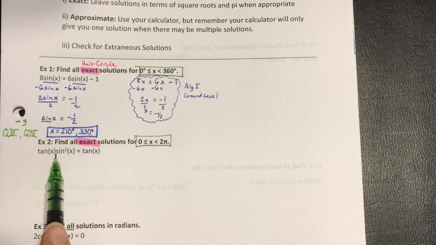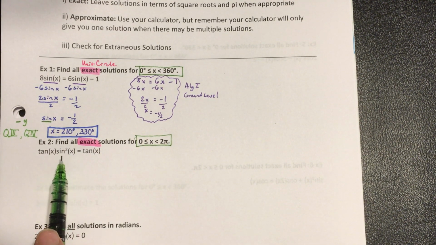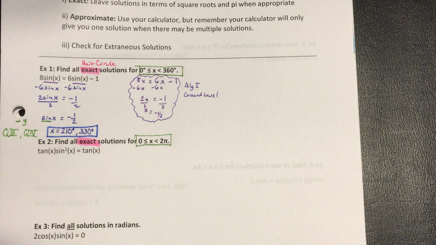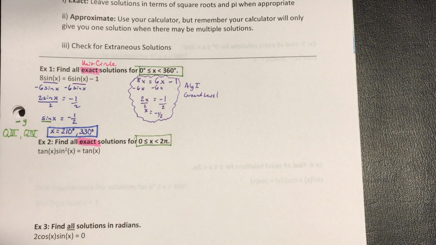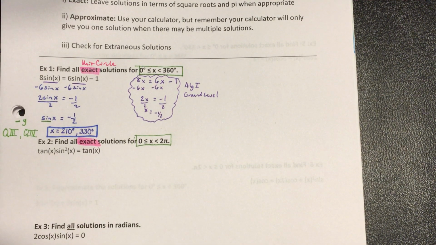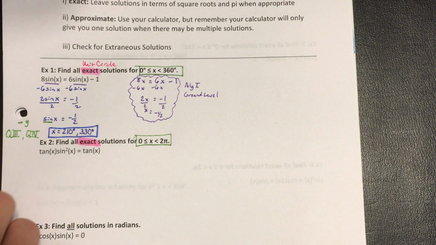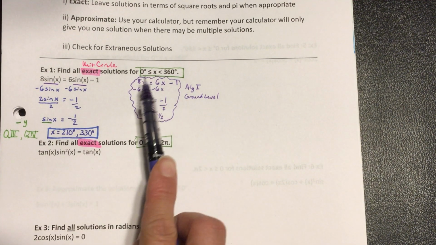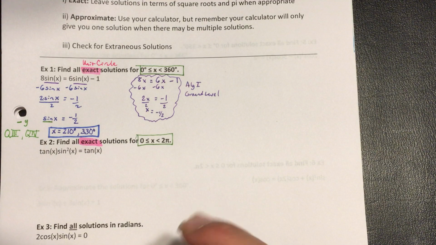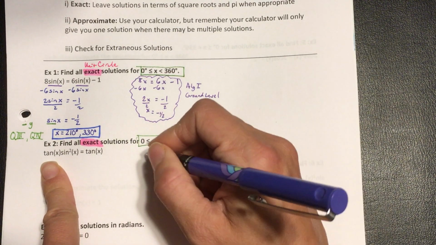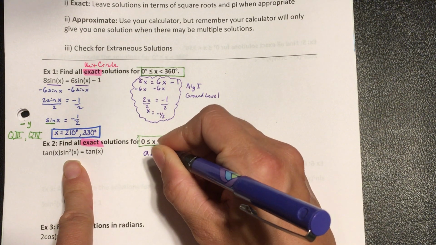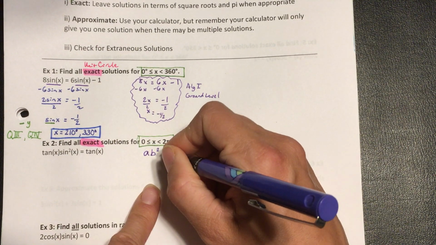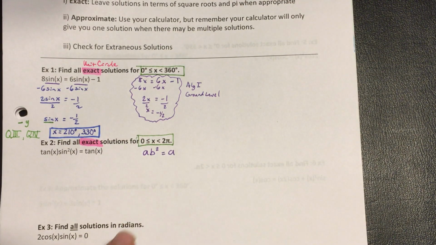So we see that sine squared x and we go, oh, it's looking like a quadratic trig function. But the problem is we have a quadratic sine value, but then we have just regular old tangent. So folks, if I were going to try to put this in terms of non-trig variables, what this would look like is a times b squared equals a.